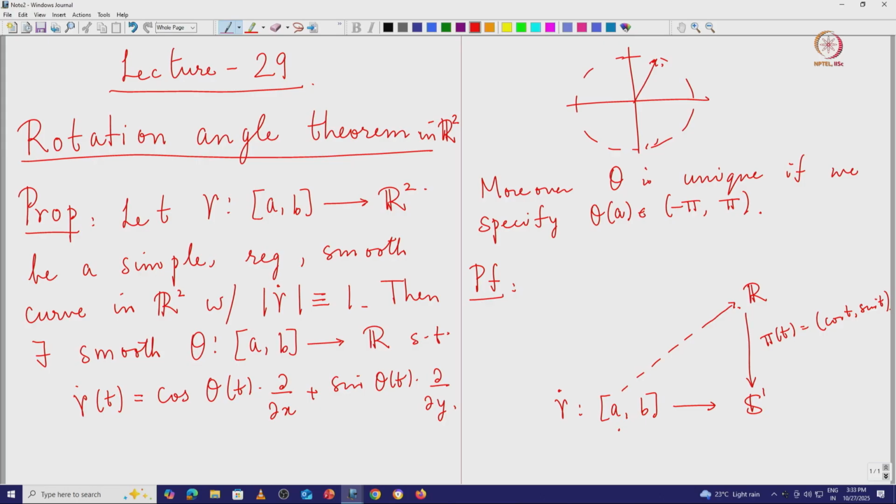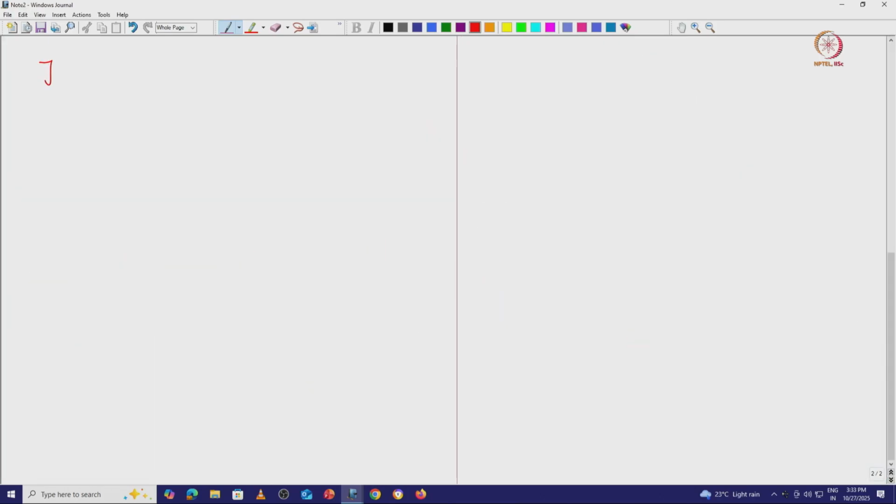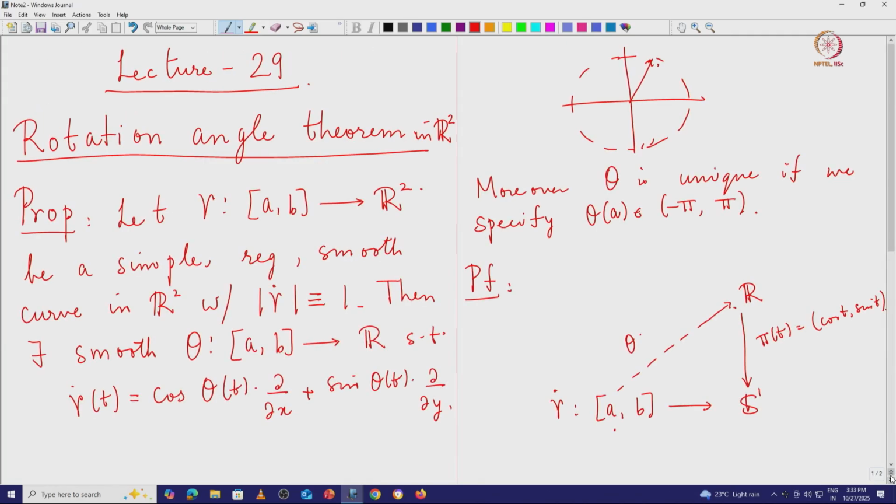So there exists a unique theta, I am going to call the lift theta, such that I specify the value of theta at some initial point, let us say a, and such that this diagram commutes.